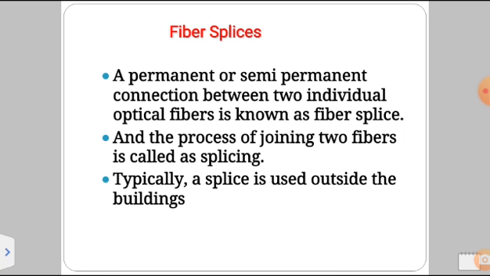There must be proper coupling between core to core and cladding to cladding. The process of joining two fibers is called splicing. It is exclusively for fiber to fiber joining. It is a permanent connectorization, that is called splicing.